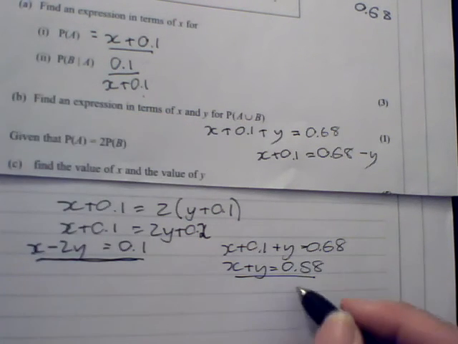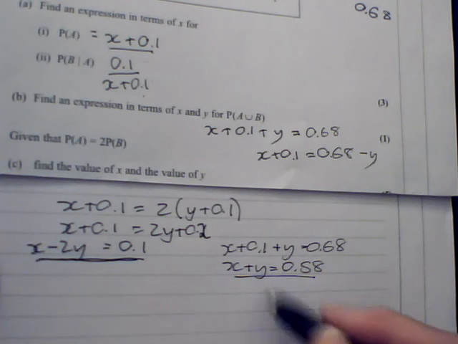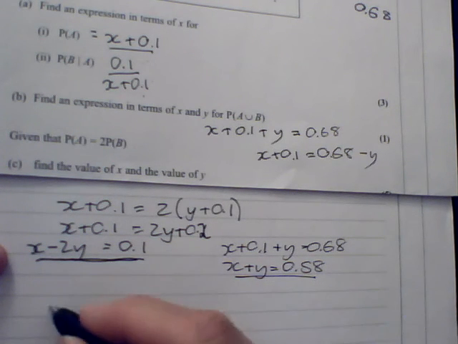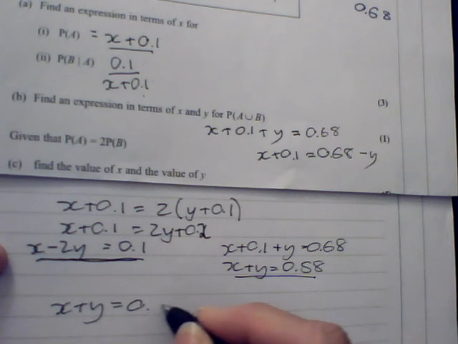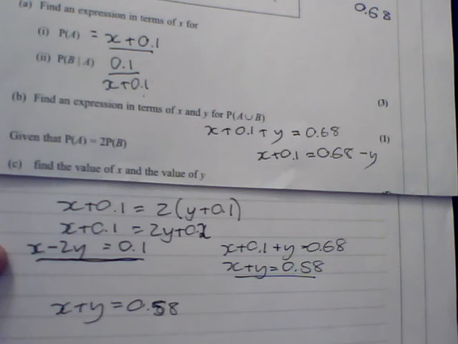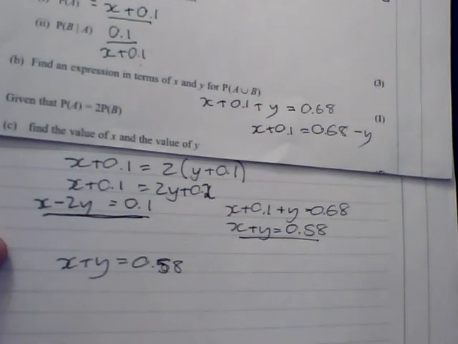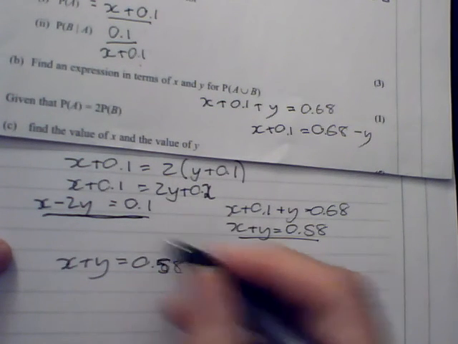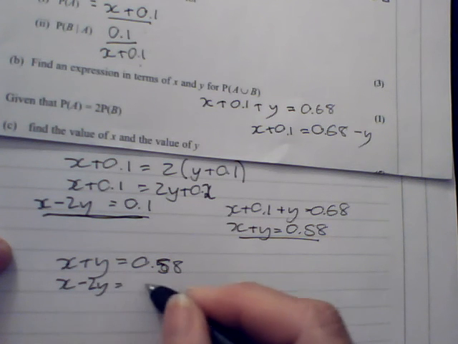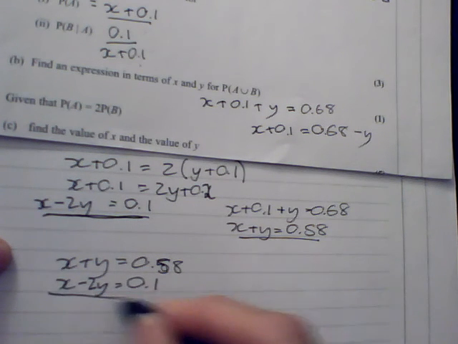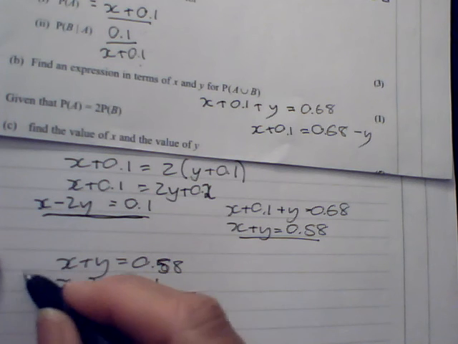Here are my 2 simultaneous equations. Right, so let's get taking them away. I'm going to start with my biggest one on the top because I just like having positive values. x plus y equals 0.58. Sorry, it's getting a bit messy now. Then I'm going to bring this one down: x minus 2y equals 0.1. I'm going to take them away because I want to get rid of these x's.